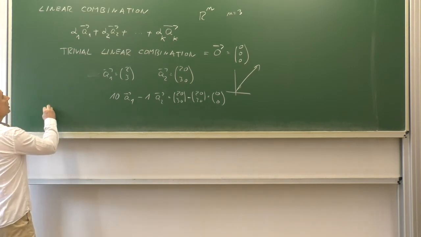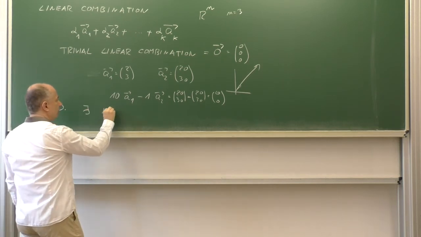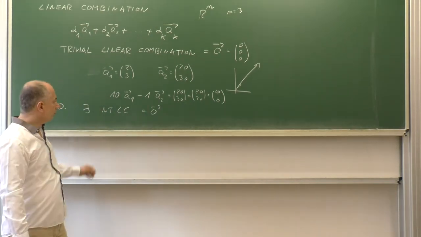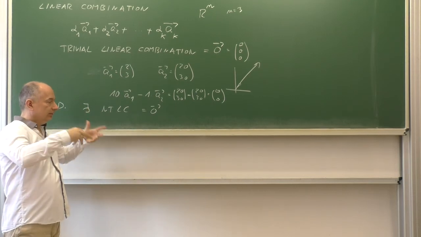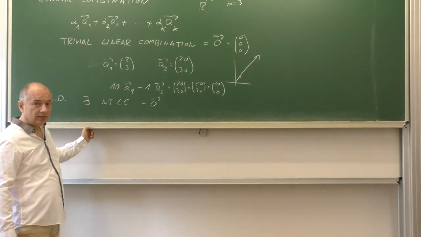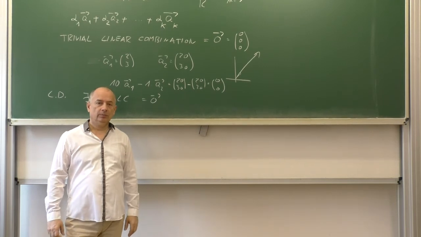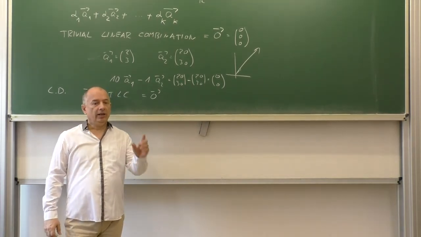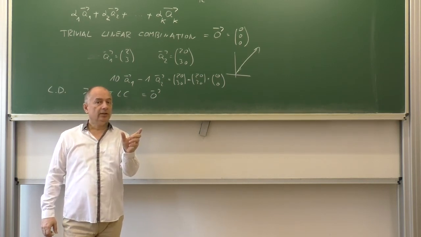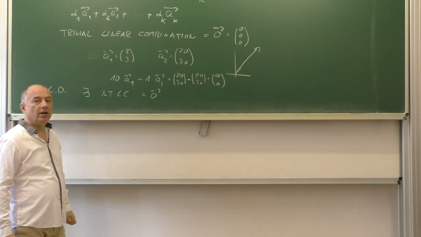And in the opposite case, we say the vectors are linearly independent if there is no non-trivial linear combination equal to 0, or in other words, if the linear combination of some vectors is equal to 0 only for the trivial linear combination, then the vectors are linearly independent.